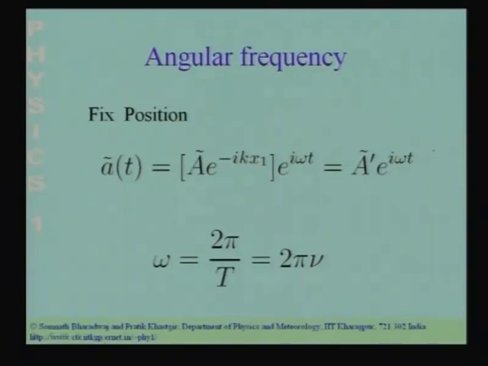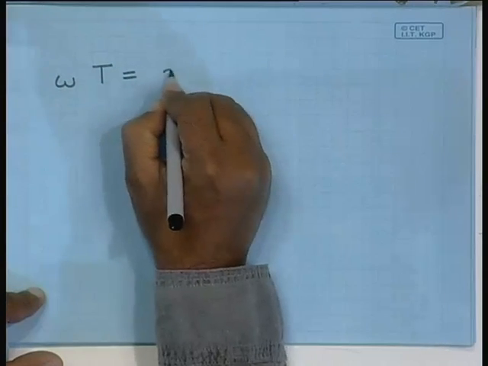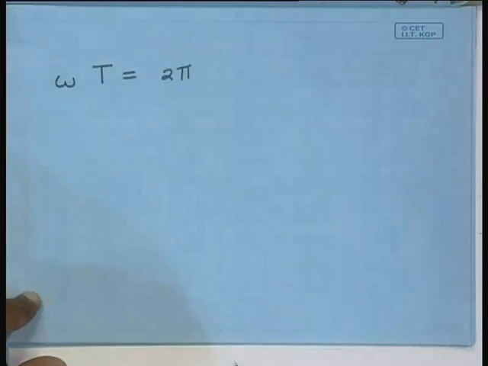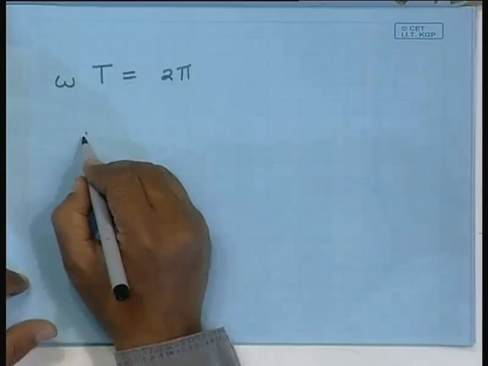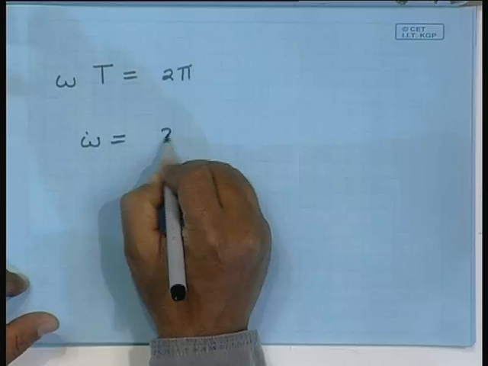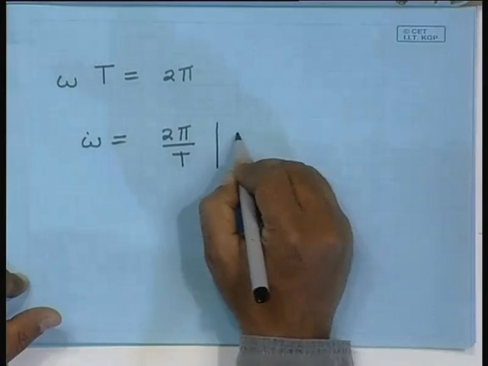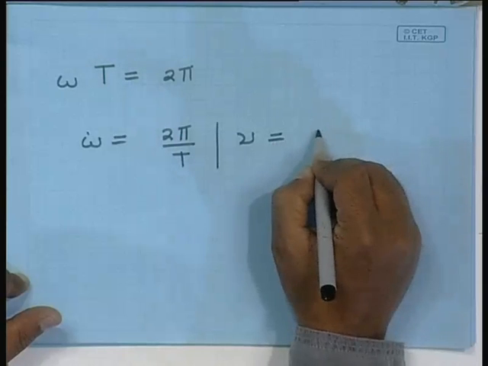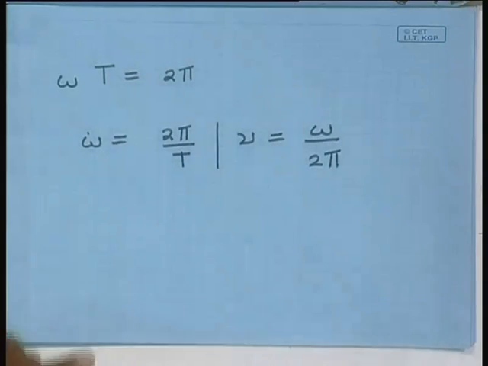Let us say that T is the time period. It will repeat when omega T is equal to 2 pi, which tells us that omega is the angular frequency, 2 pi by the time period, and it is related to the frequency nu by omega divided by 2 pi.